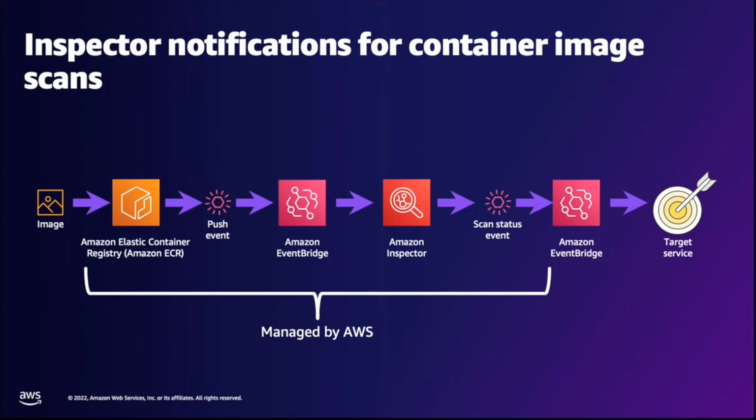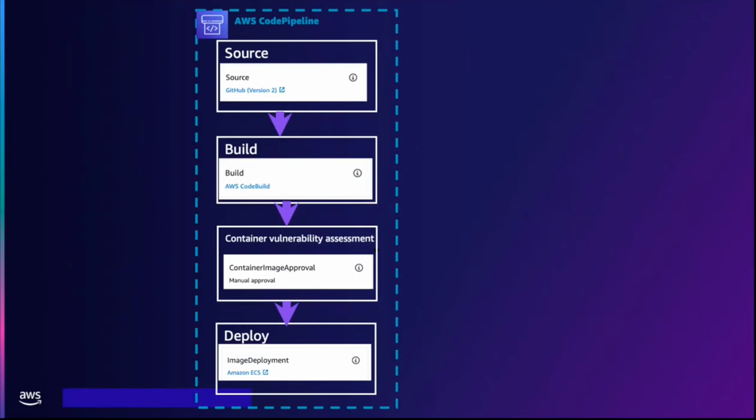And looking at the pipeline perspective, let's say you have this implemented within CodePipeline. So you have the source, and when a user is going to push a new version, the source code is pushed, then you're going to build a new image. Then the next step is to scan for container vulnerability assessment.